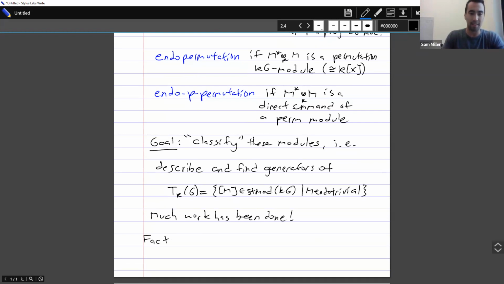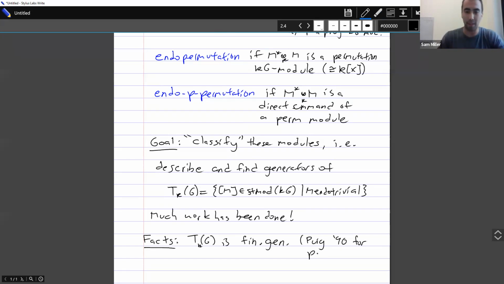So some facts: T_k of G is finitely generated. And this goes back to Hoge in 1990, or I believe, so I may be getting this wrong, but I believe this is just for P-groups.